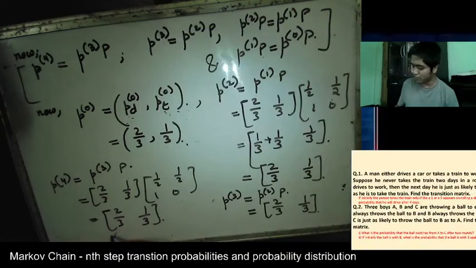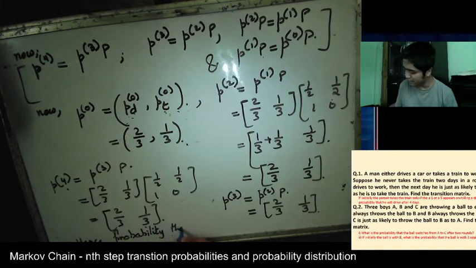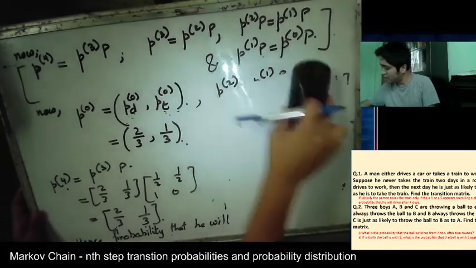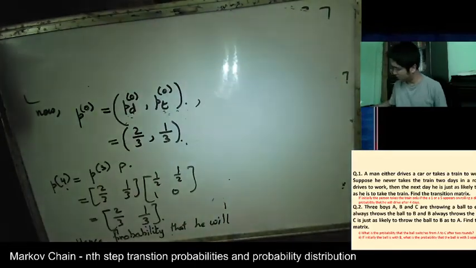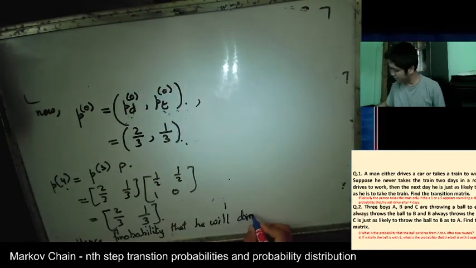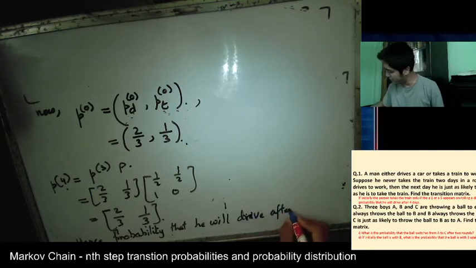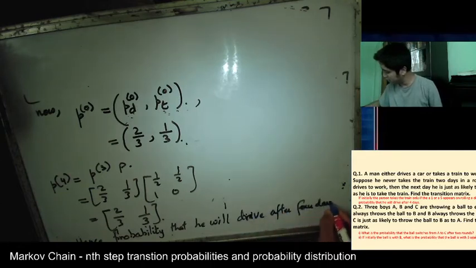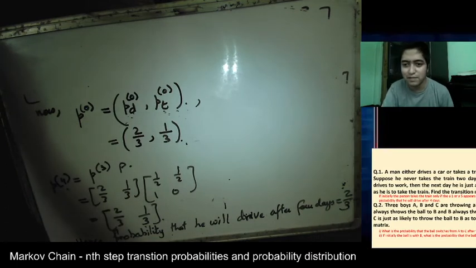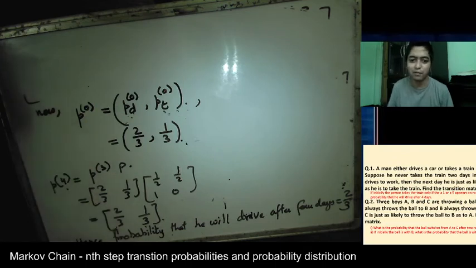This is the probability that he will drive and take the train after 4 days. Hence the probability that he will drive after 4 days is equal to 2 by 3. So this is the required solution for number 1.